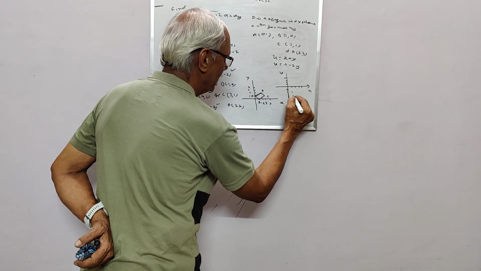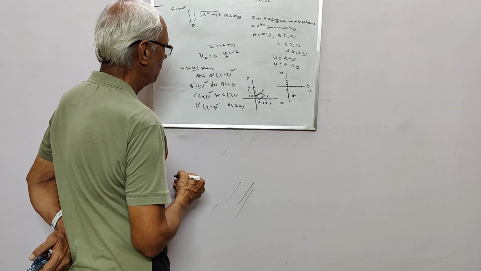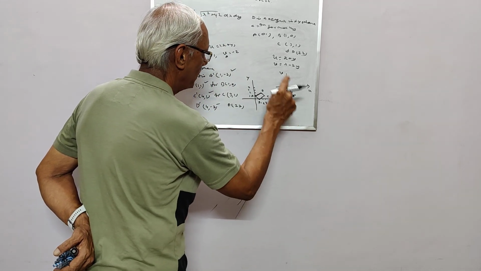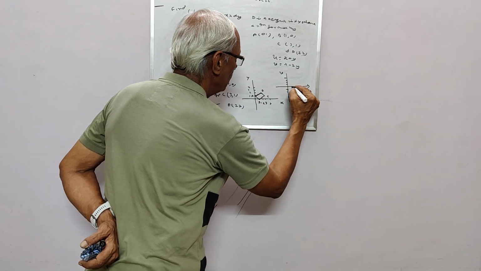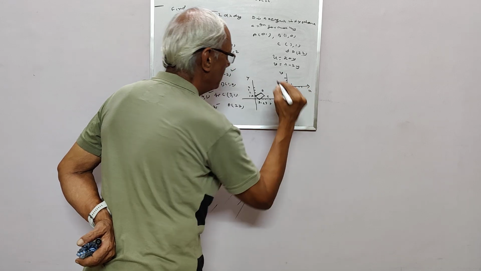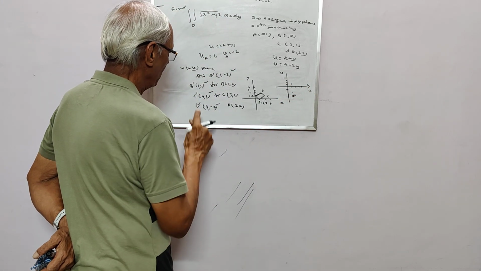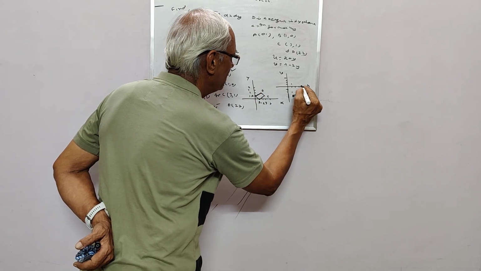So this is your A dash. Then next, B dash is 1 1, so B dash is 1 1 here. Then C dash is 4 1, so your 4 1 is here.